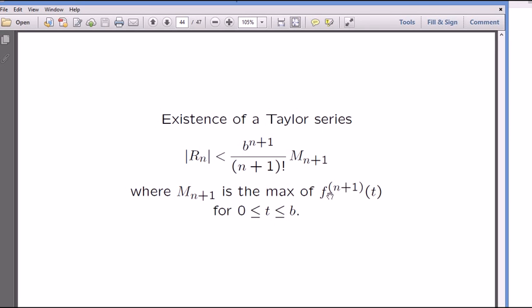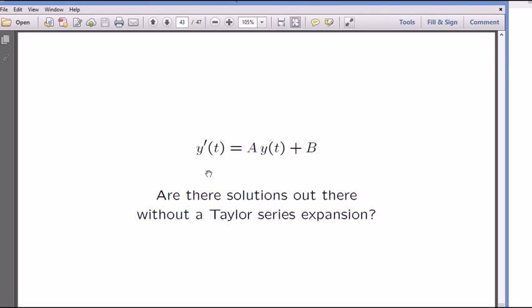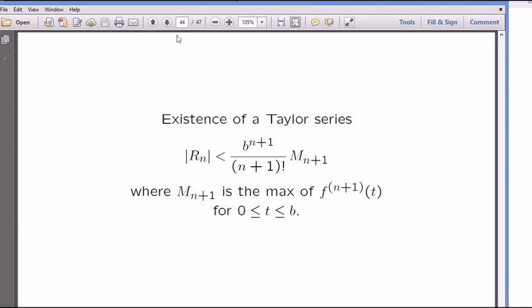Infinitely differentiable, right? Whether the function has a Taylor series or not, that's the question we have to ask. Anything that satisfies this equation, as long as it's infinitely differentiable, we can ask that question: does that have a Taylor series or not? If you have an infinitely many times differentiable function, how do you know the Taylor series exists for the given function or not?